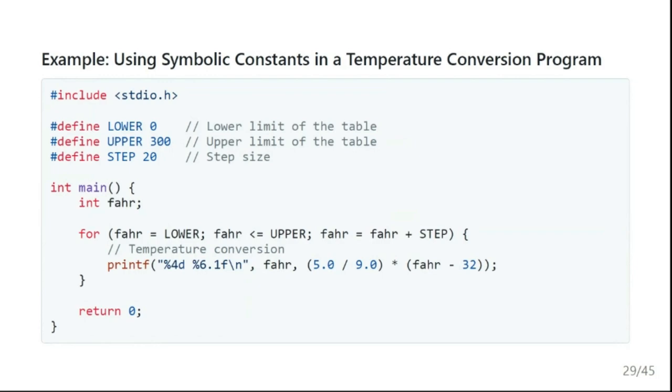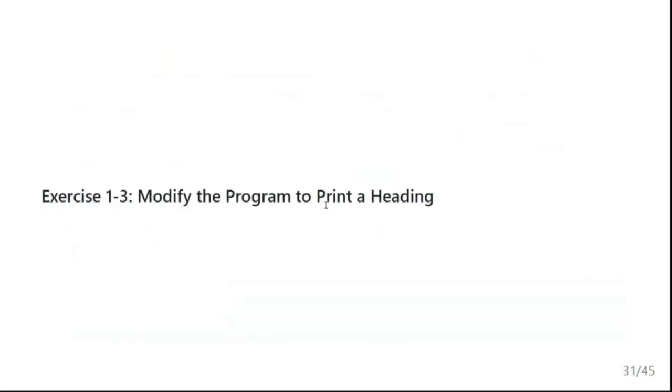Give it a try and see how you can do it. Basically, just another line of print before you start this table. Again, you can use the program here on page 29 or continue your previous program. Just add another line there to include a heading.